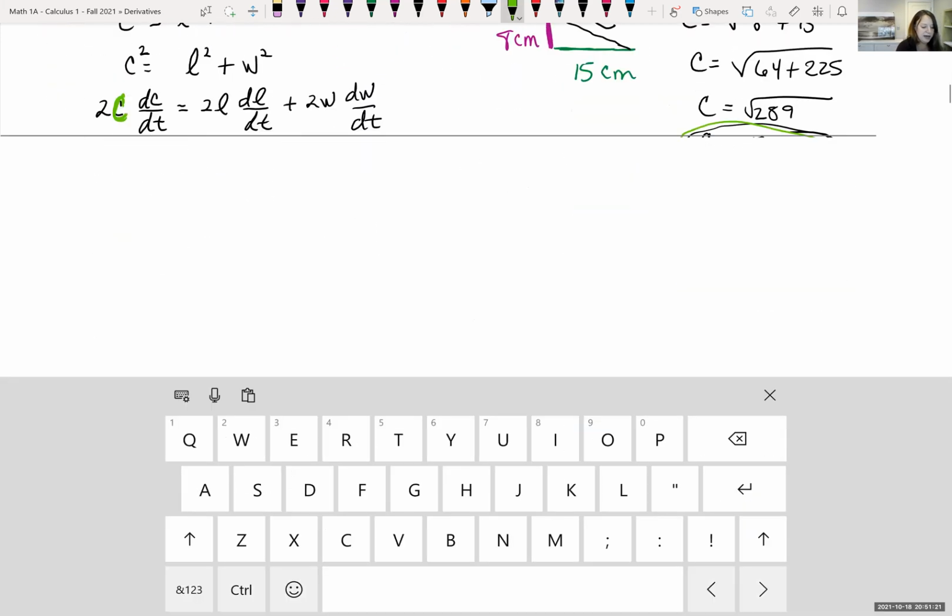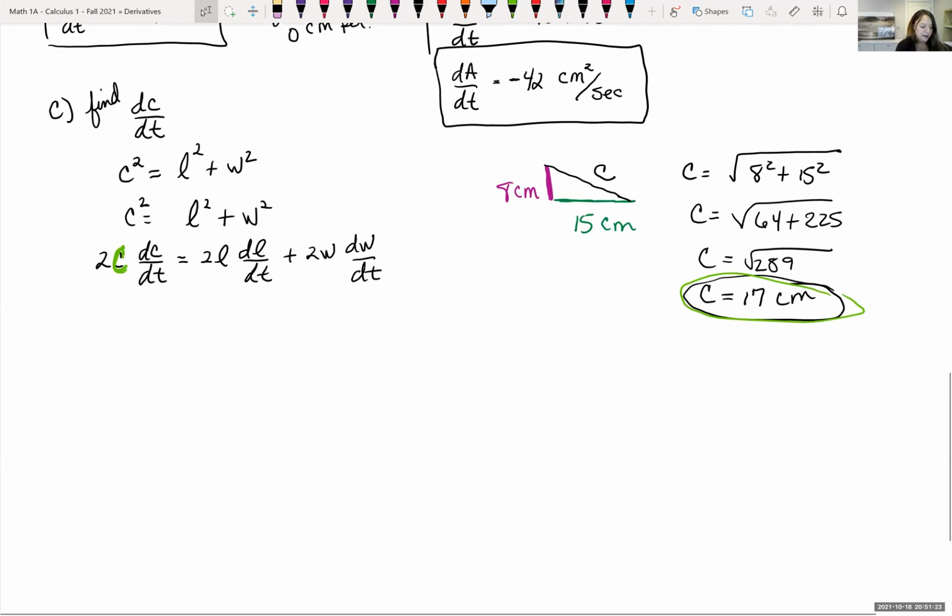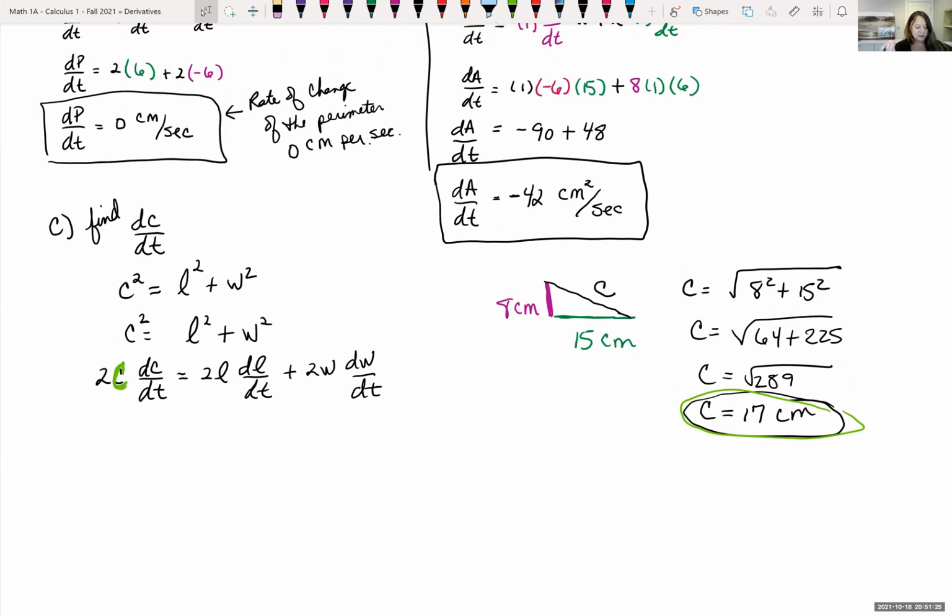Okay, we got to just go back in, plug in what we know for the rates of change for L, W, c, and get dc/dt by itself. And then we're done. Notice if you divide everything through by 2, that will cancel out, right? Because every single term has a 2 in common.